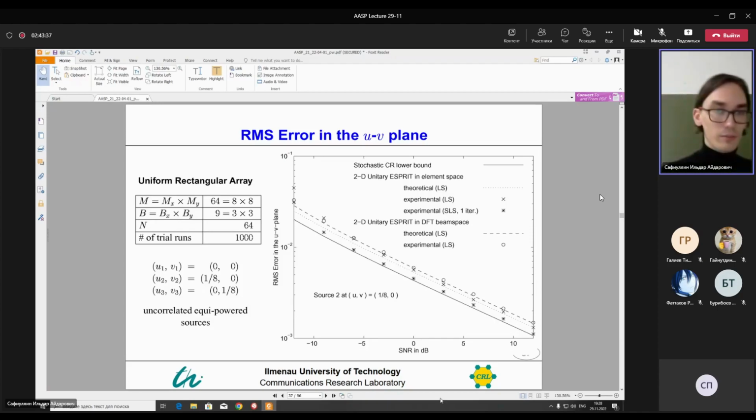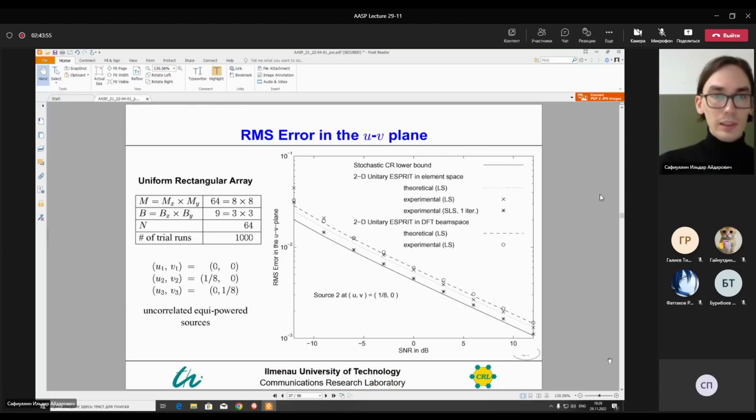They compare 2D unitary ESPRIT in element space and DFT beam space. They use the least squares algorithm for unitary ESPRIT in element space, and also they use the structured least squares solution with one iteration.